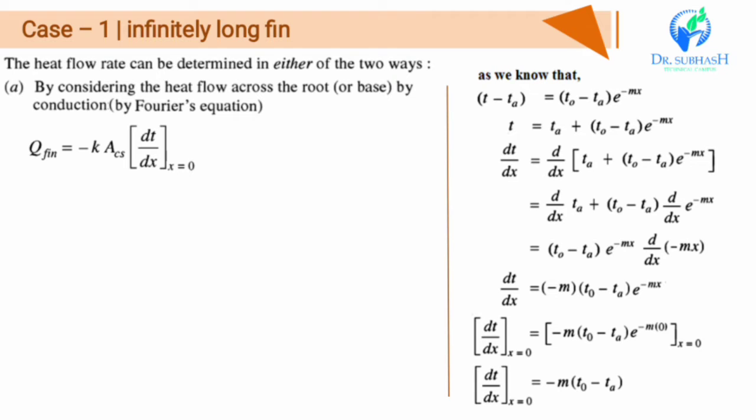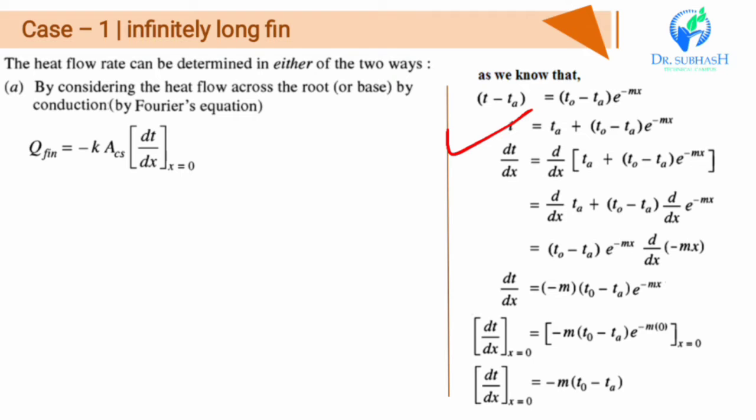We know that T minus Ta is equal to (T0 minus Ta) into e^(-mx). So T is equal to Ta plus (T0 minus Ta) e^(-mx). Differentiate this with respect to x.